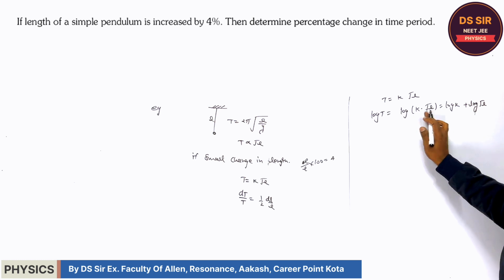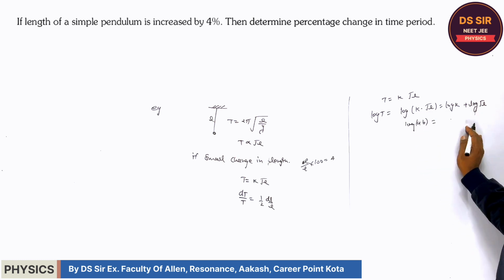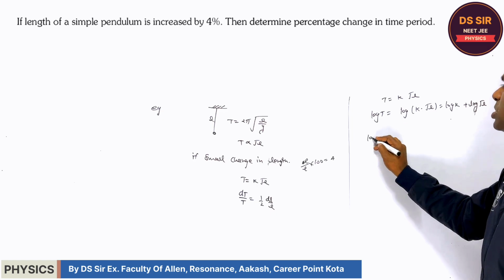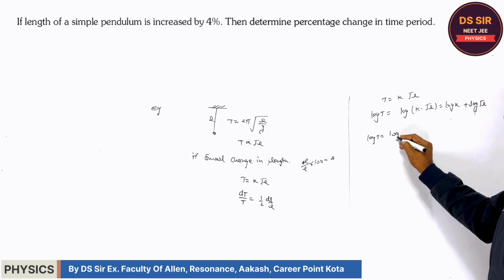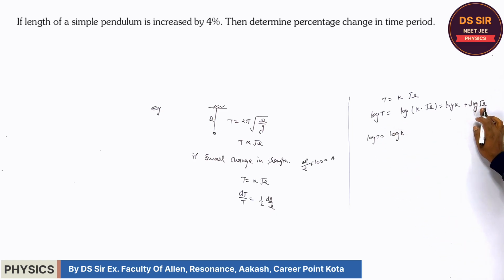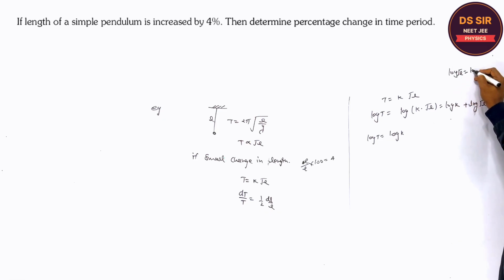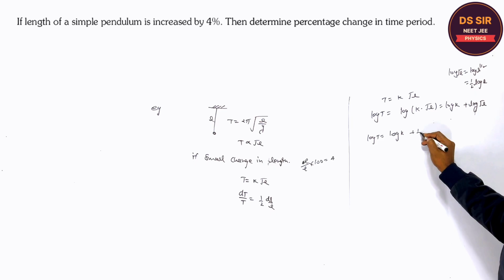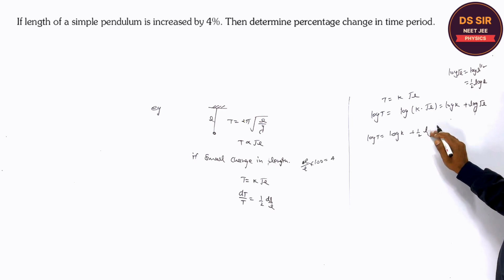Here log AB is what? Log A plus log B. I have applied that. So log T is equal to log K plus log root L. Log root L may be written as log L raised to 1 by 2, which is 1 upon 2 log L. Is it clear or not?